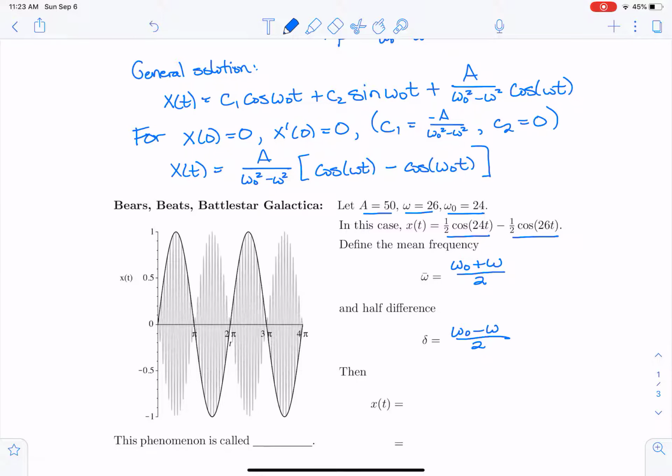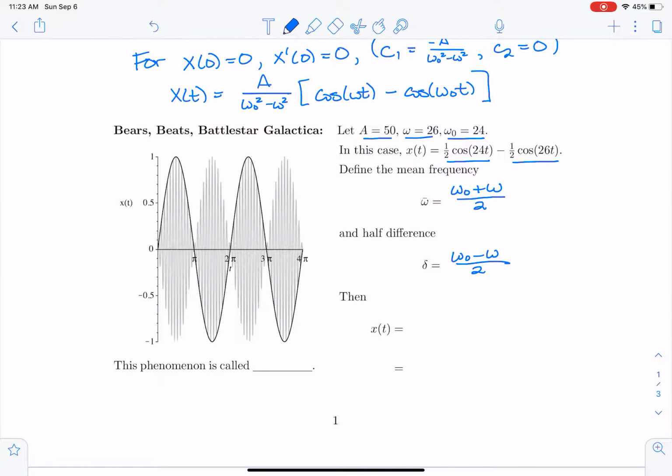Well, if we make these two definitions of omega bar and delta, then we can use a trig identity to rewrite this solution as 2a over omega 0 squared minus omega squared times the sine of omega bar t times the sine of delta t.